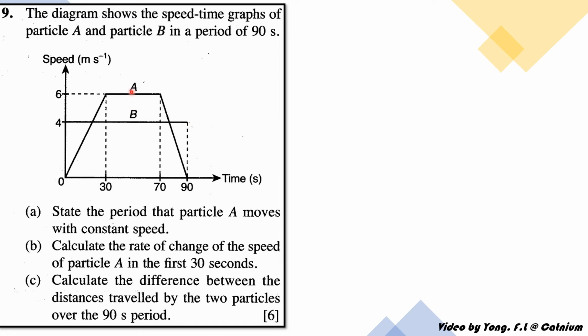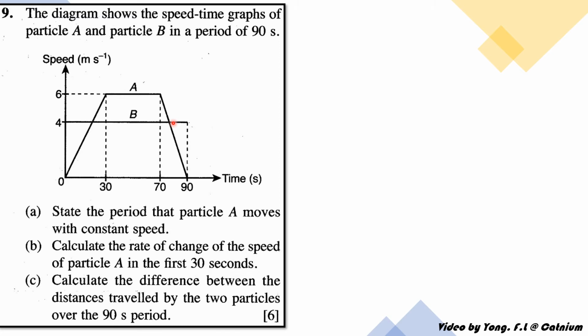Garis A dengan garis B. Line A and line B represent different objects, here is particle A and particle B. So particle A is this one, and particle B is actually only a straight line. So we don't care how many lines, we have to focus on the question. Dia tanya mana satu, dia akan tanya salah satu.